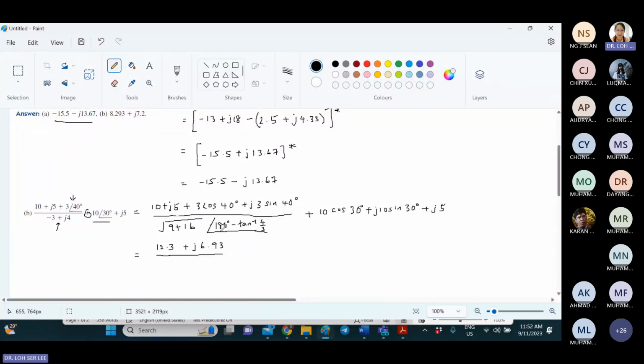Here, this one, use your calculator, you get 126.87 degree. Okay, and here simplify using your calculator. 10 cos 30 degree is 8.66. Then 10 sine 30 plus 5, you get plus j10.